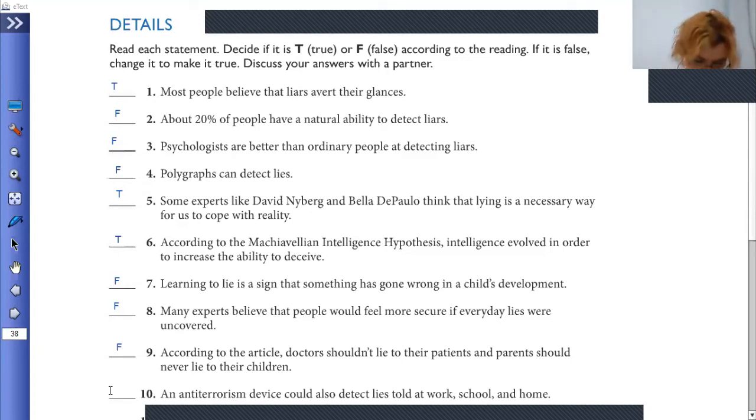What about number 10, Gu? An anti-terrorism device could also detect lies told at work, school, and at home. True or false? Oh, what do you think?